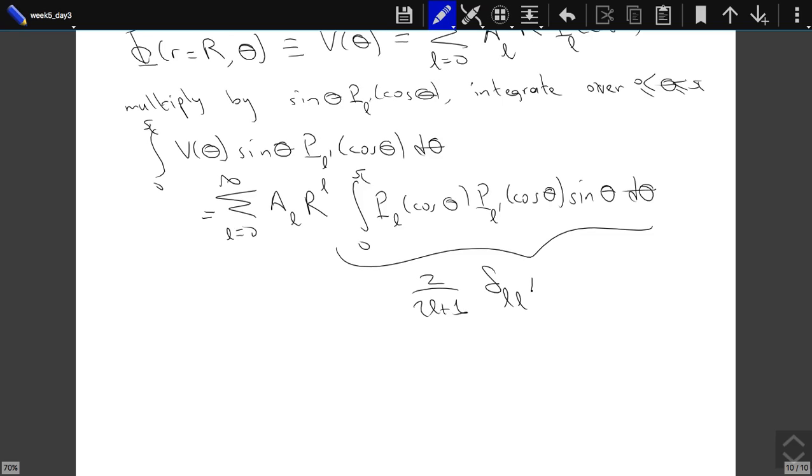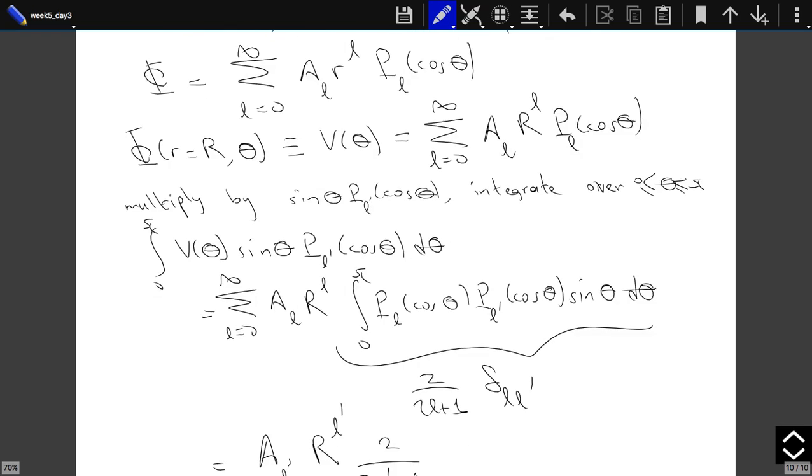Now I can sum over L using that Kronecker delta, because it tells me that in this infinite sum over L, only the term L equal to L prime gives a contribution, and that term is A_L prime R^L prime times 2 over 2L prime plus 1. So if I know the boundary condition, I know what the A_L primes are. And once I know what they are, I know my potential.